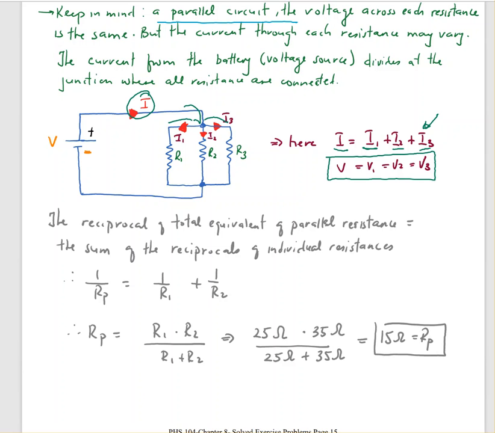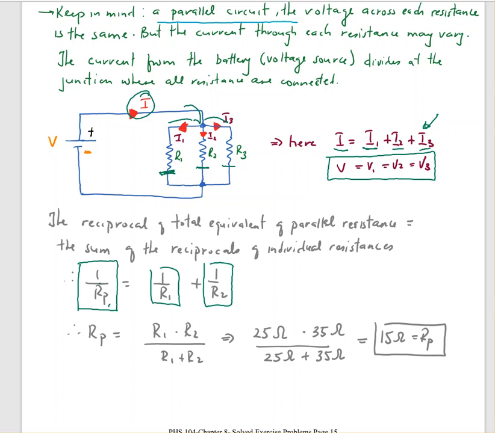Also important to know that when you're dealing with resistance in a parallel circuitry, this resistor is parallel to this resistor, which is parallel to this resistor. The way you find the total resistance is 1 over the total resistance in parallel equals 1 over R1 plus 1 over R2.